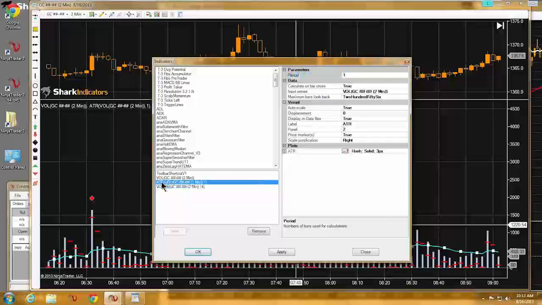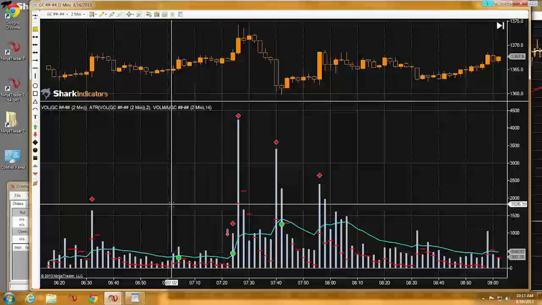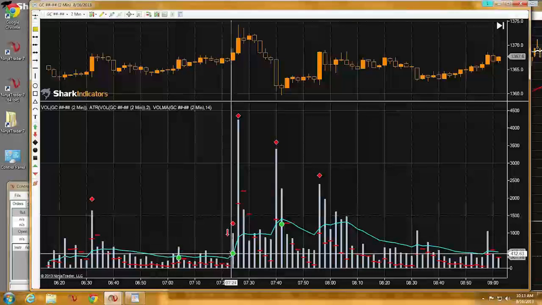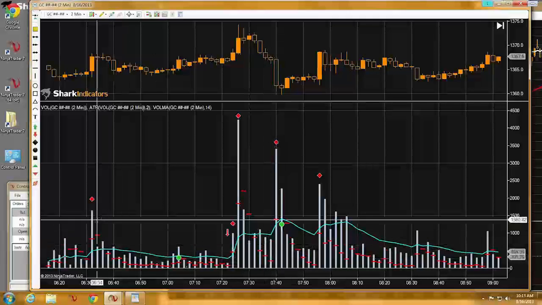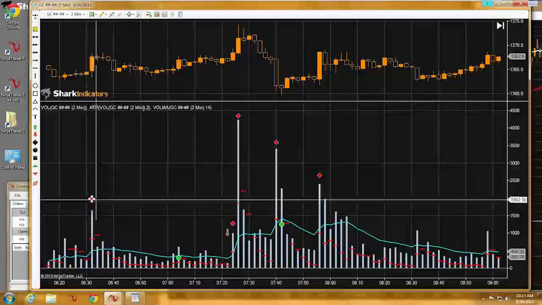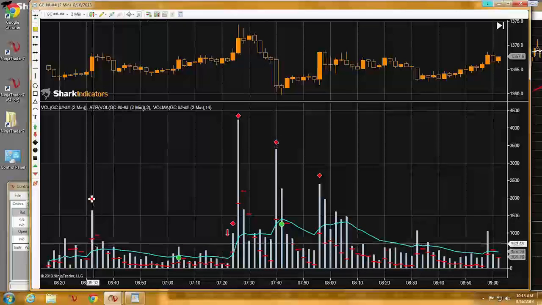And I think, let's see, well, all right, so here I'm using an ATR of 1. I thought I had it set to 2. Let me change this to 2 and see what kind of changes that makes. All right, so this candle, that volume spike still is valid.